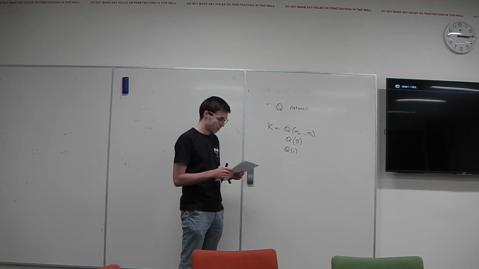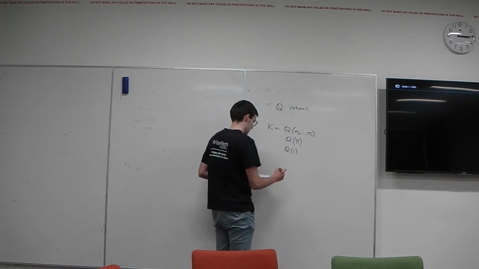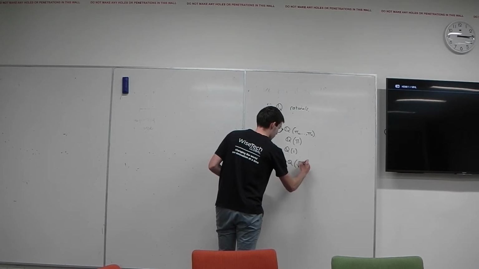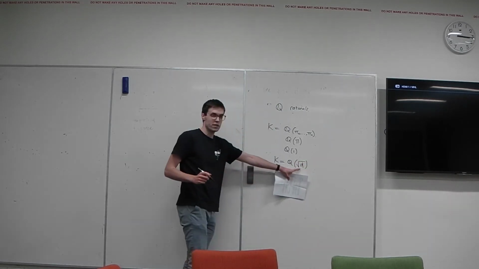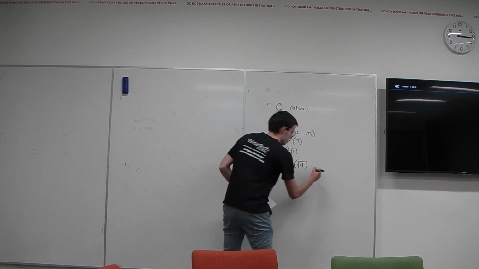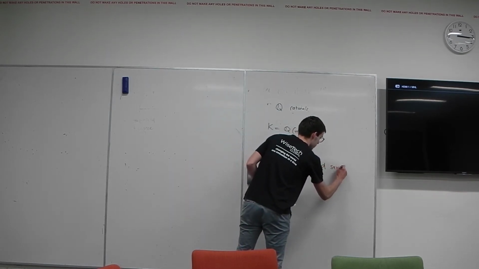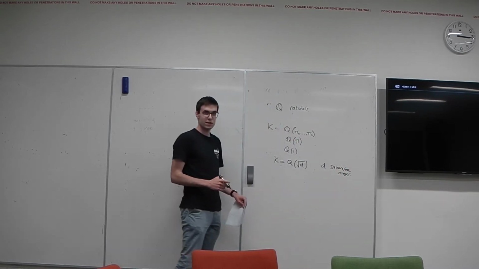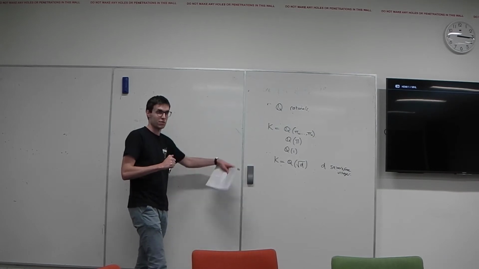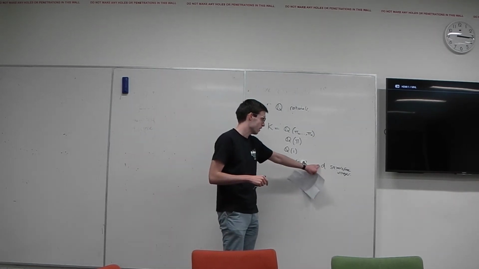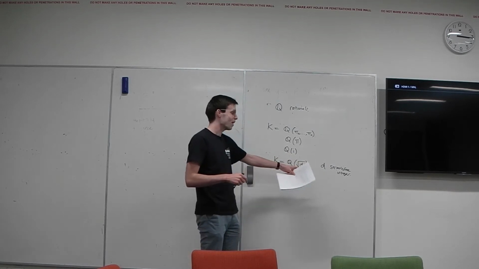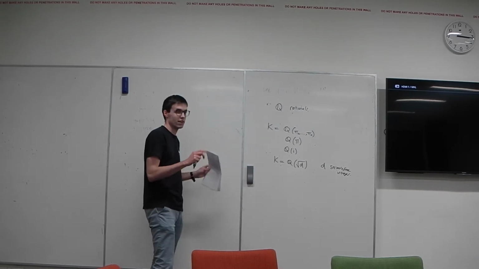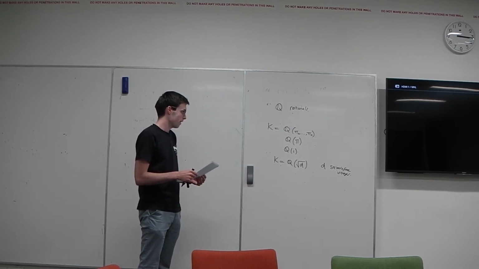Now, what happens if we consider a specific type of number field where we adjoin the square root of a square-free number? D is going to be a square-free integer. Does everyone know what square-free means? It means there's no prime dividing D which has an exponent greater than 1. There's no squares that divide D, basically, except for 1.